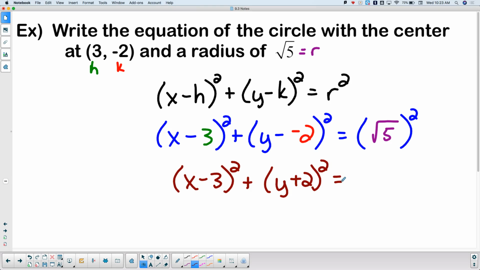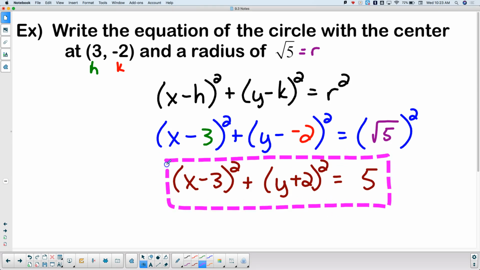When you square a square root, the square root sign just goes away. Yep. So we just write down the inside. Okay. And this, ladies and gentlemen, is the equation of a circle centered at the point 3 comma negative 2 with a radius of the square root of 5.